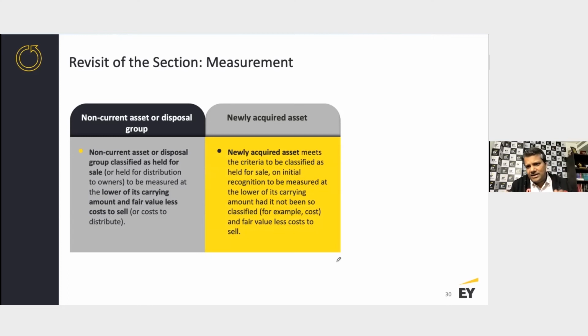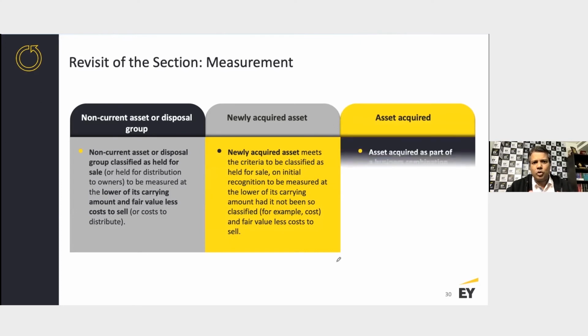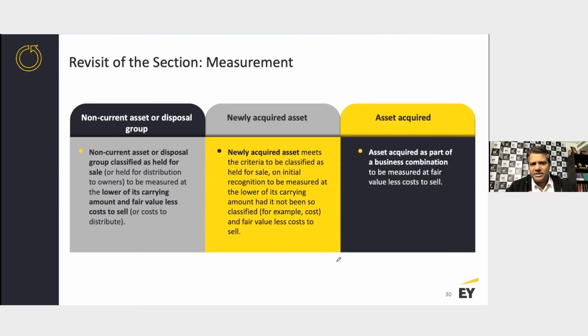In that case, that could be, let's say, 3 months. We talked about this with the help of an example like the refurbished asset, etc. Okay, all of that we need to understand. So an asset acquired as part of a business combination is to be measured at fair value less cost to sell. All right. So all of this is what we've talked about.